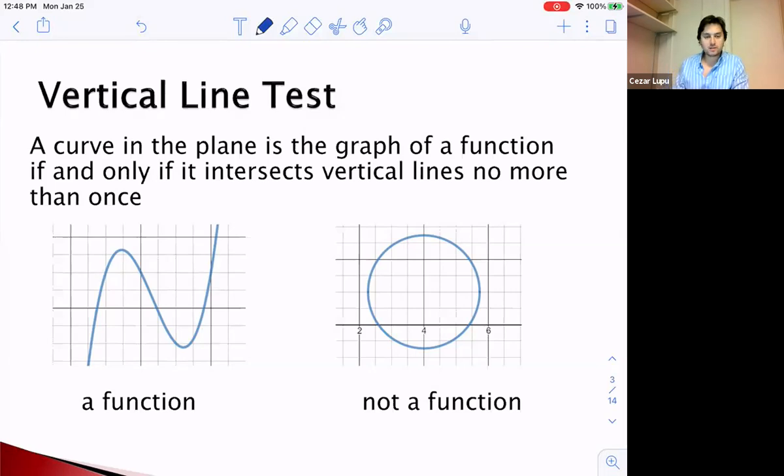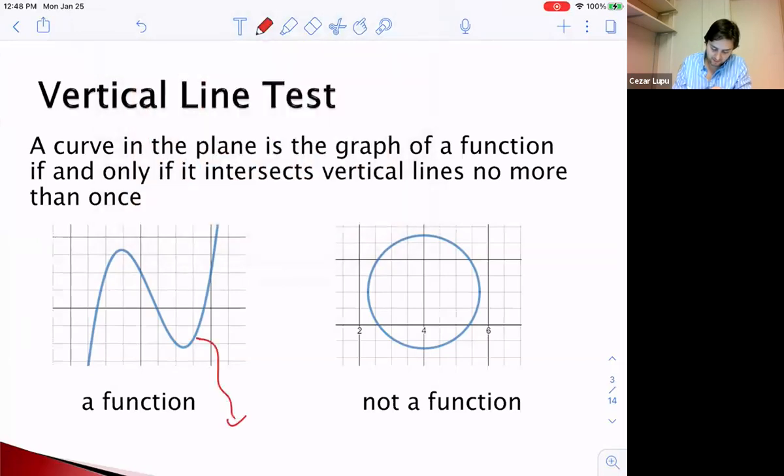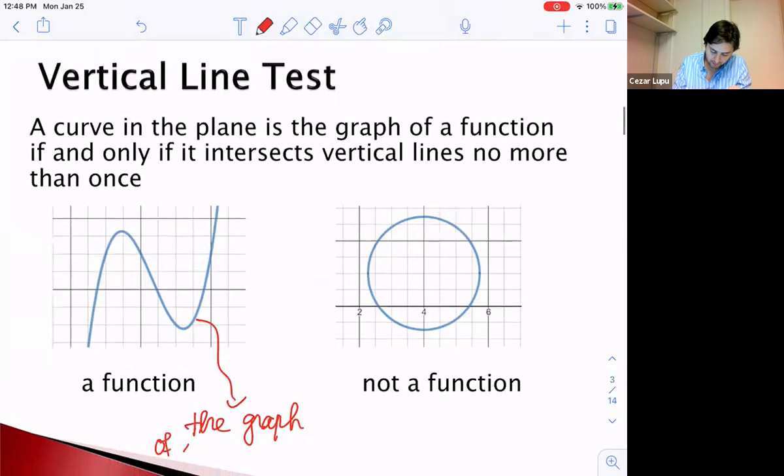So as you can see, in the first picture we do have a function. And in the second picture, can somebody tell me what this is? So this is the graph of a function, indeed.